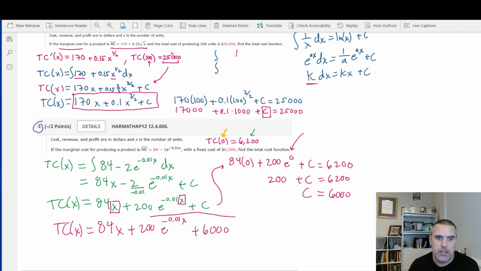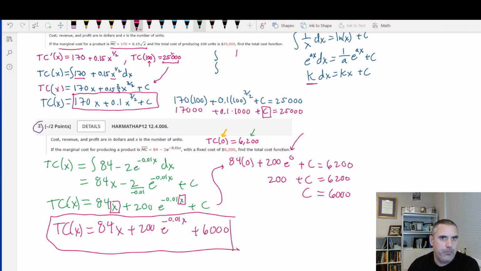But I wanted to really emphasize the point that you never want to assume that this is your C. You need to plug in both of these facts, and then from that, solve for C. Now there will be times when this is all 0, in which case that is C. But don't think of it that way. Just plug in your numbers, see what happens, solve for C, and then you have your answer. Okay, hope that makes sense.